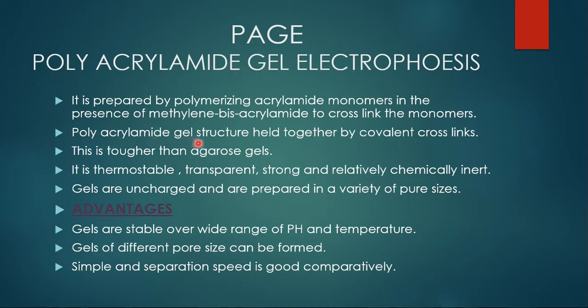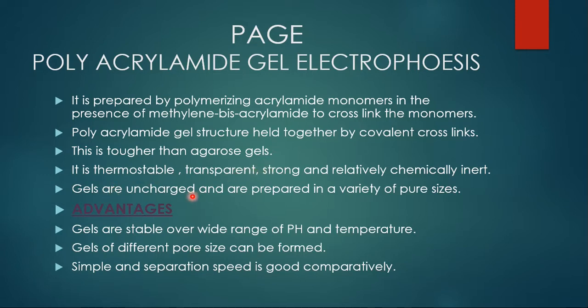Now this polyacrylamide gel structure is held together by covalent crosslinks. Which crosslinks are they going to have? Covalent crosslinks. Whereas in agarose we have hydrogen bonds and hydrophobic interactions, which are not strong enough. But here you are able to see covalent crosslinks in this gel structure, and it is tougher than the agarose gel, as I told you, isn't it?